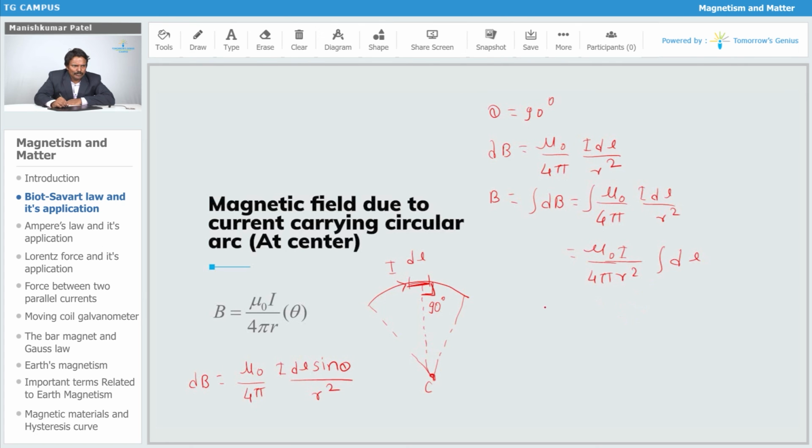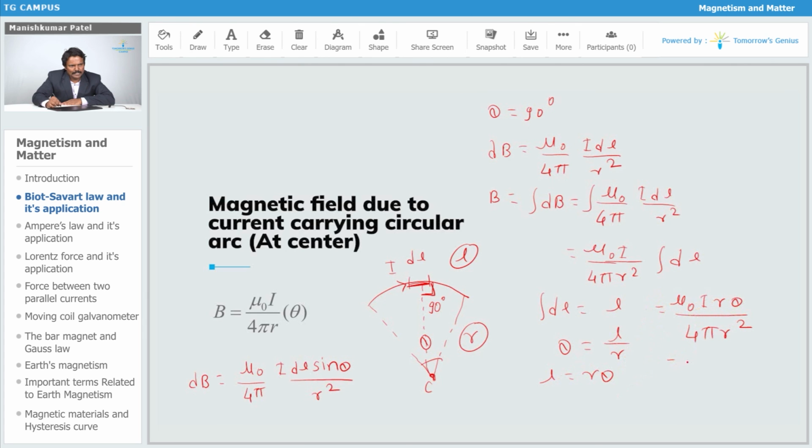Obviously the integration of dl is L. If this entire length is L and this radius is r, and this angle is theta, we know that theta is equal to L upon r. That means L is equal to r into theta. So this is mu 0 I, now instead of L, r theta, over 4 pi r square.